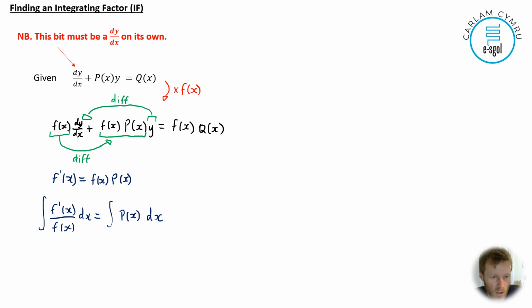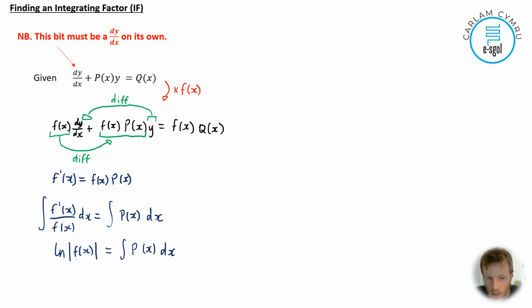That's just because I'm looking at this left hand side and I'm seeing f dash x over f of x, so I know that that is going to integrate to the natural log of f of x, and that equals the integral of p of x with respect to x.